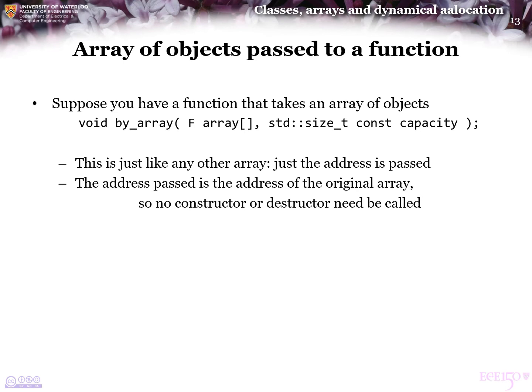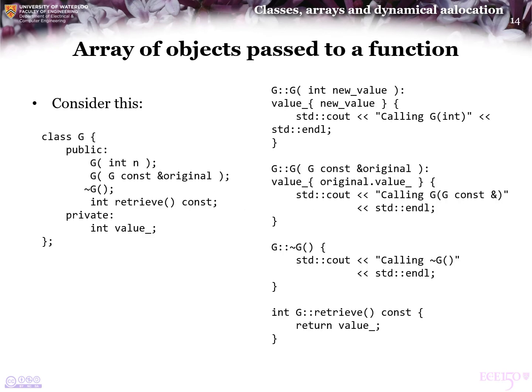Of course, inside the function byArray, any change to any of the entries of the array will actually change the original objects that are in that array. Just to demonstrate that this works, here is a class with a constructor which will store a single integer internally as a private member variable.